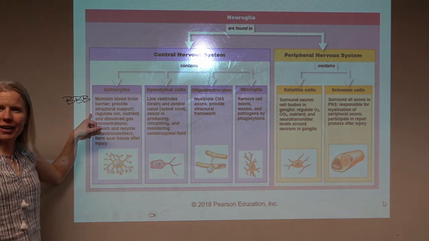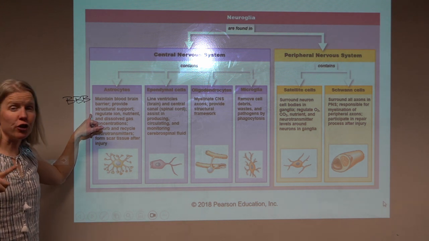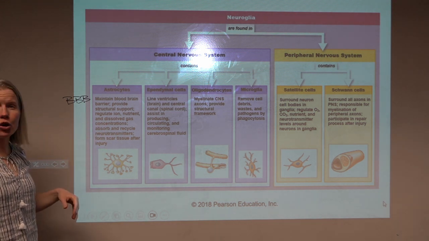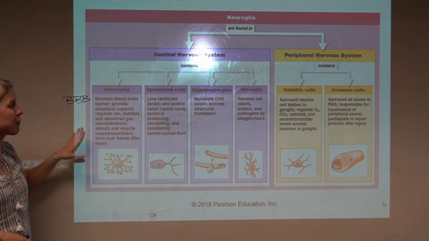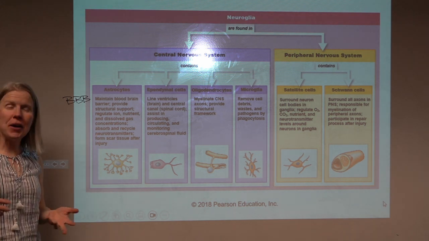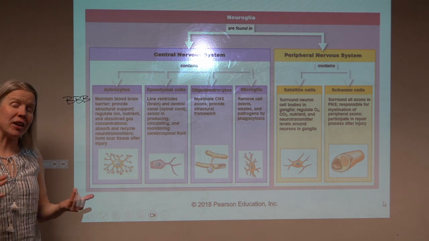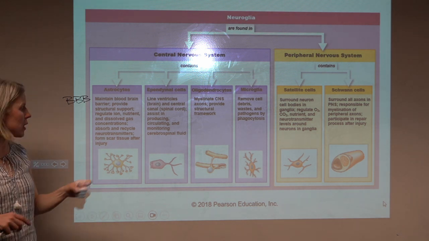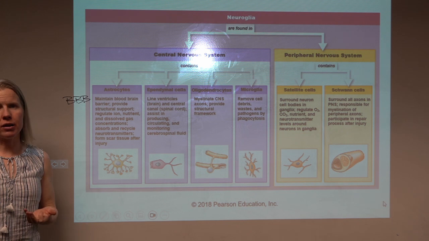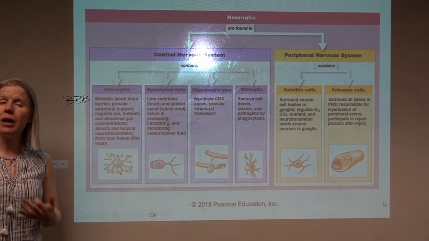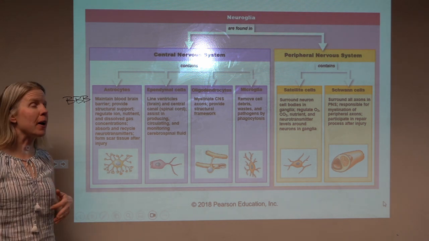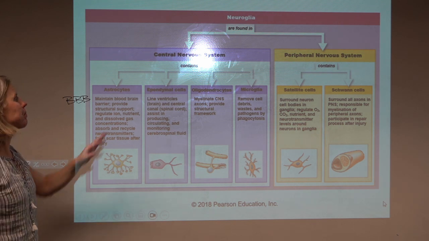So what should the ion levels be? What should the oxygen or CO2 levels be? How much glucose is coming in, that sort of thing, okay? They also can be a total pain in the butt when it comes to fixing injuries in the brain. A lot of times they end up just producing scar tissue in their attempt to help repair damaged neurons.